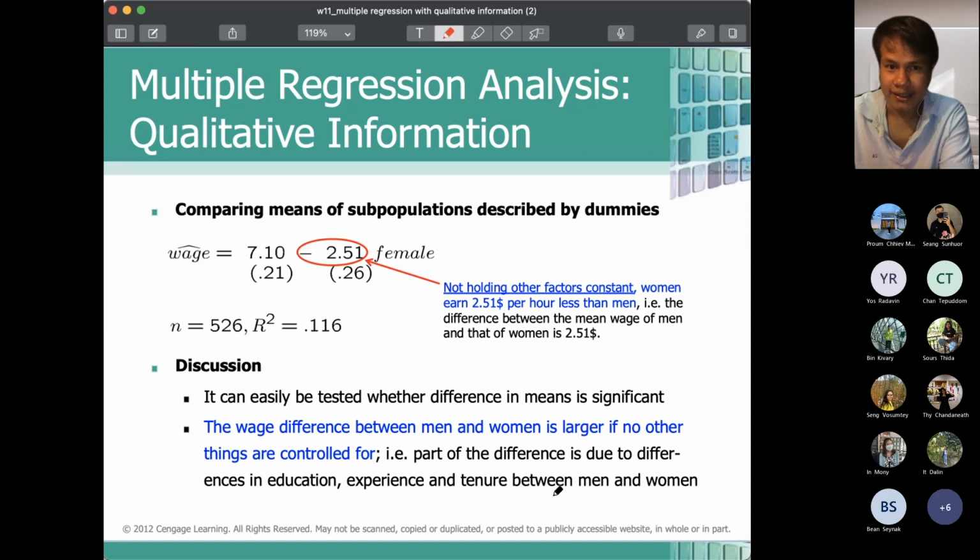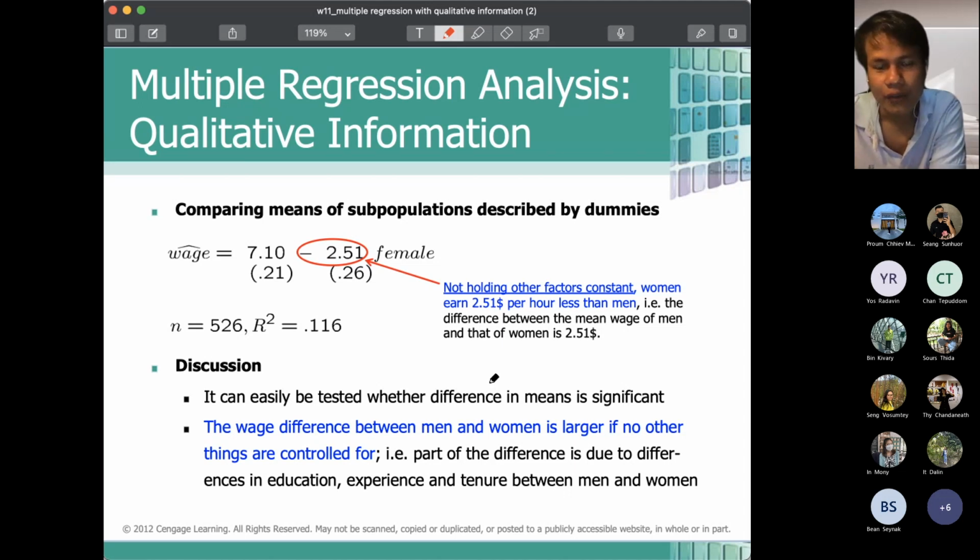Here. What if we exclude the other three independent variables? So what we find here is only the difference between genders when you do not take into account other characteristics.